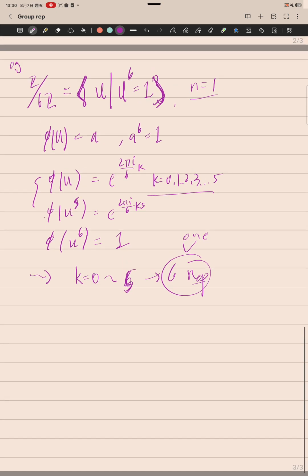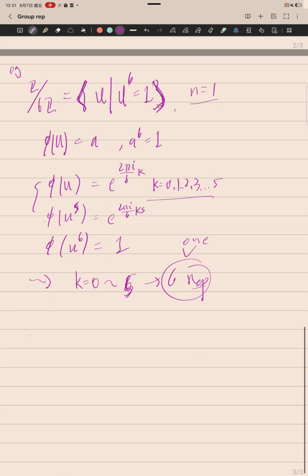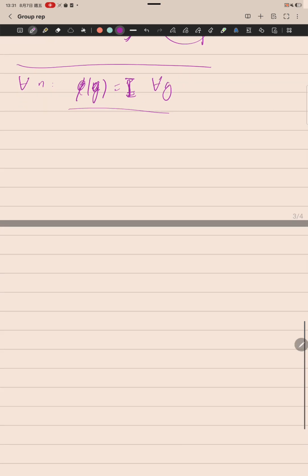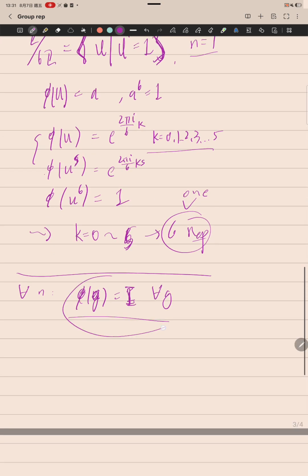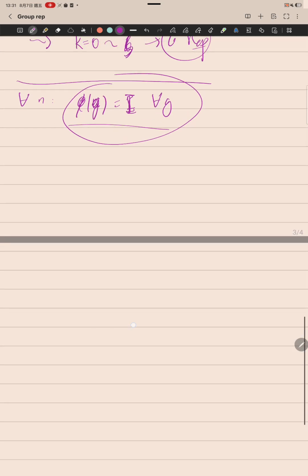Sometimes you can see a trivial representation, right? For every dimension, I can pick phi of G to be just the identity matrix for arbitrary G. Then this is also a representation, but it is trivial. So we want to study something which is non-trivial, and somehow classify all non-trivial representations.